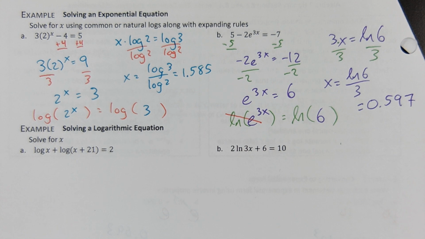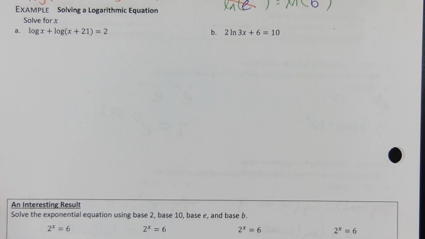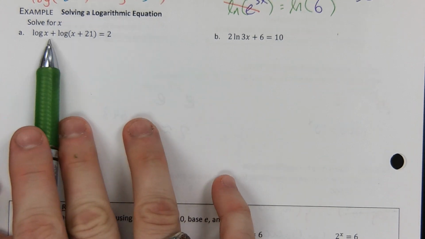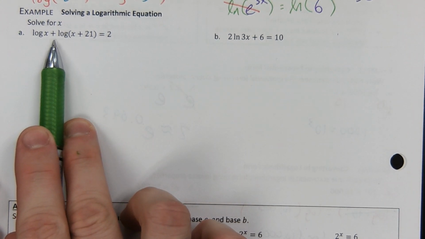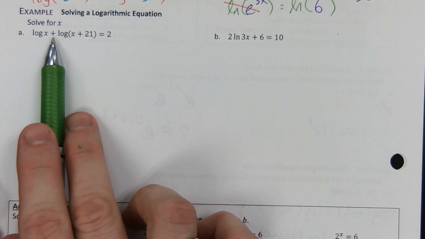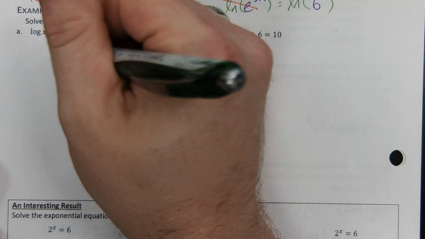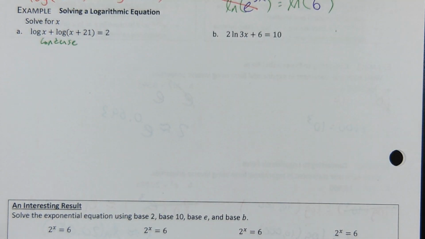If I can solve exponential equations, I can solve logarithmic equations as well. I can't cancel a logarithm until it's alone, though. What do we do? Condense. You have to condense this to a single logarithm. This is me adding two logarithms with the same base.